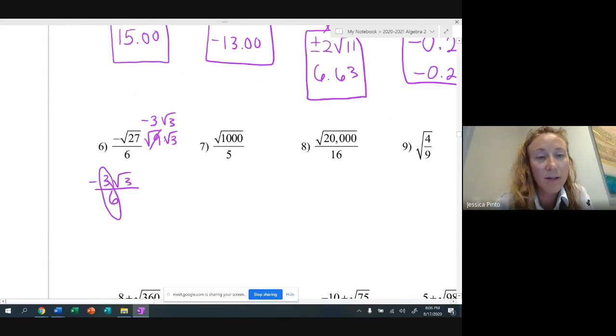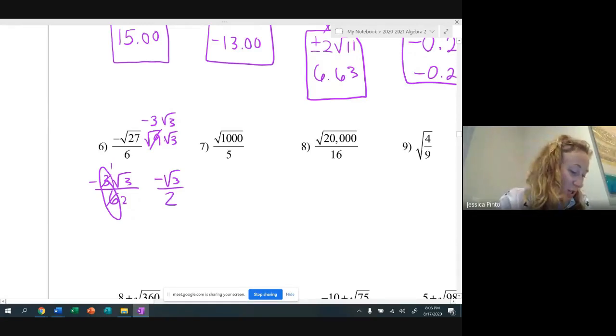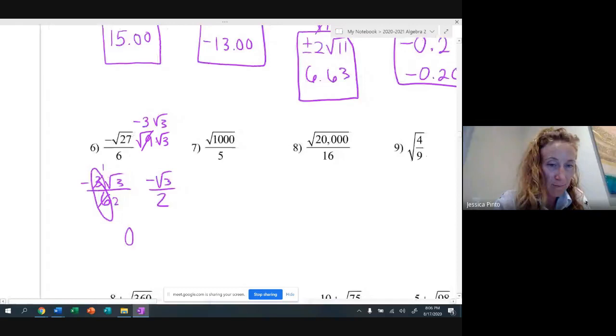Please circle them. And 3 divided by 6 is 1/2. So I divide really the top and bottom, and I get 1, and I get 2, and I get negative square root of 3 over 2. Now, I want my decimal approximation, so 3 square root, and then I hit divided by 2, and I get 0.866.